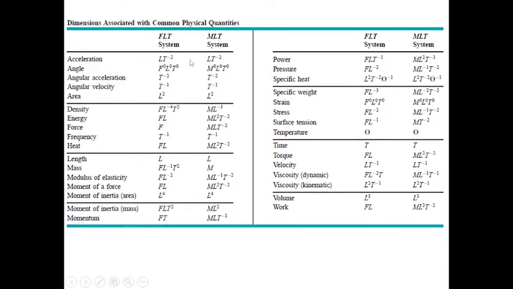Angle, ang angle ay radian. Pag sinabing radian, unitless, walang unit. Kaya F to the 0, L to the 0, T to the 0, M to the 0, L to the 0, T to the 0. Okay? Walang unit. Angular acceleration, that is radian per second squared. So, kaya kung mapapansin mo, T negative 2. Sabihin niyan, kung ang time ko ay second, second to the negative 2, that is per second, no? So, radian per second squared. Automatic, kapag unitless, we consider it to be radian, no?